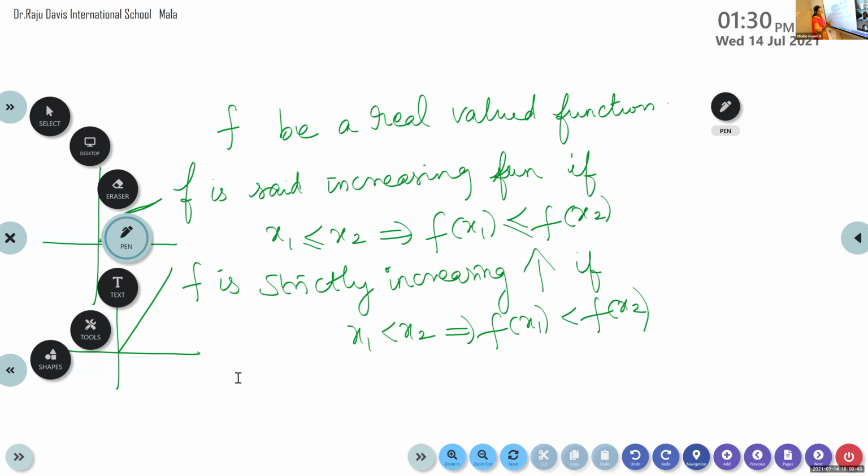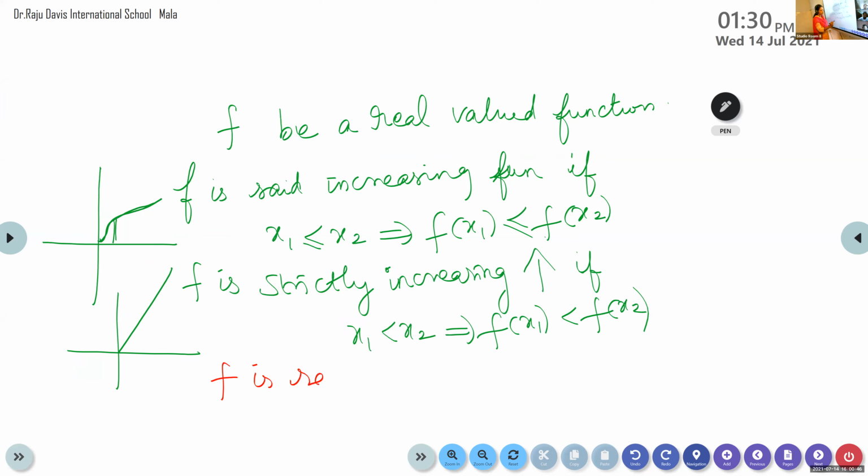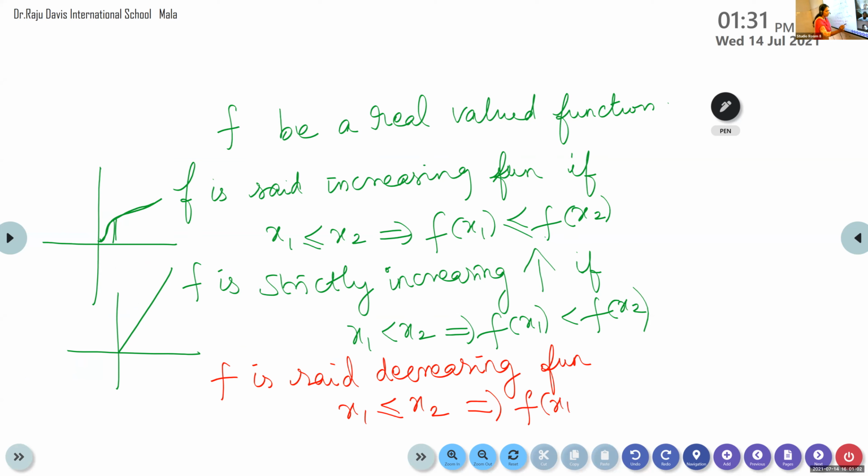So, f is said to be a decreasing function if x1 is less than or equal to x2 implies f of x1 is greater than or equal to f of x2. x is increasing, but what happened to f of x? f of x is going on decreasing.